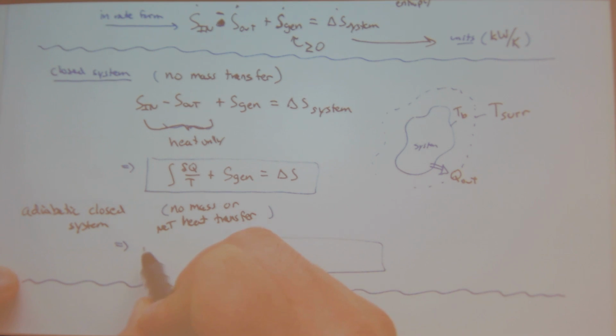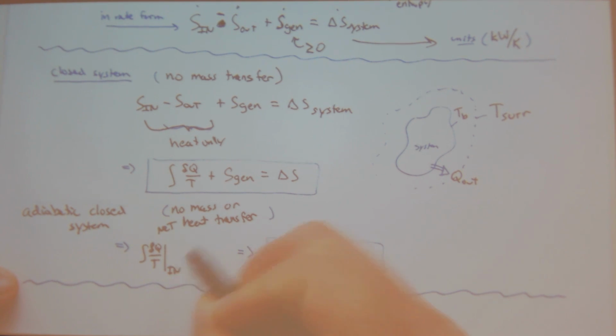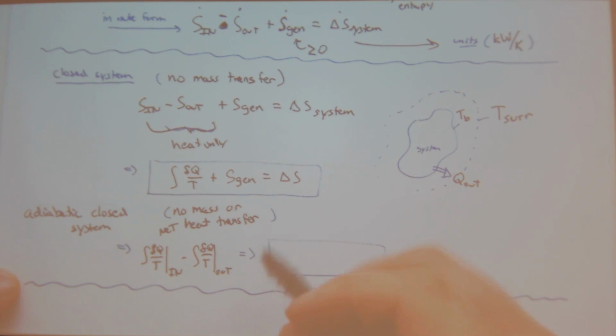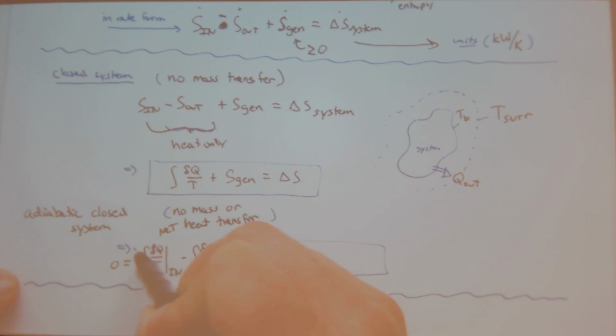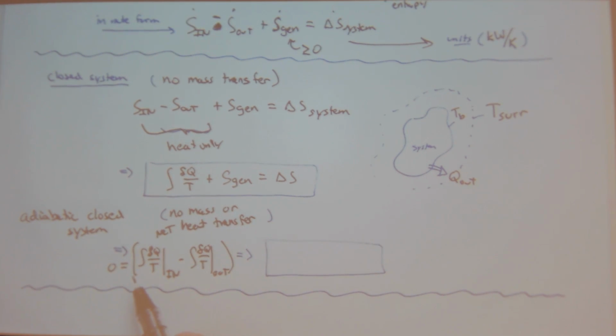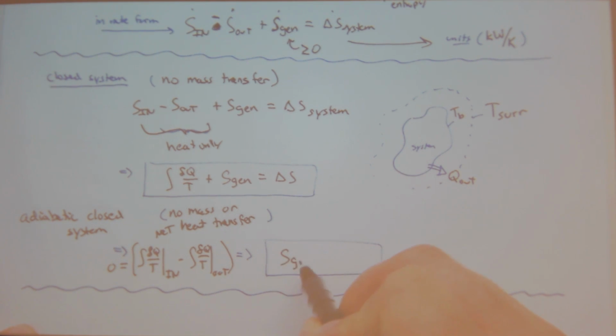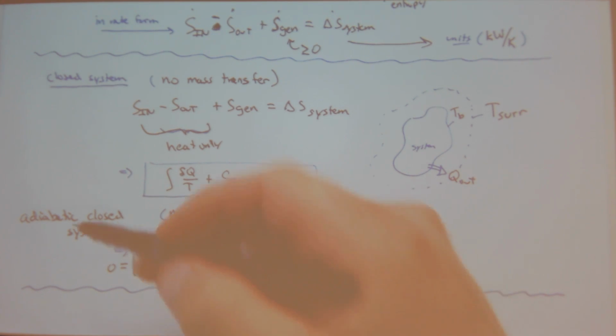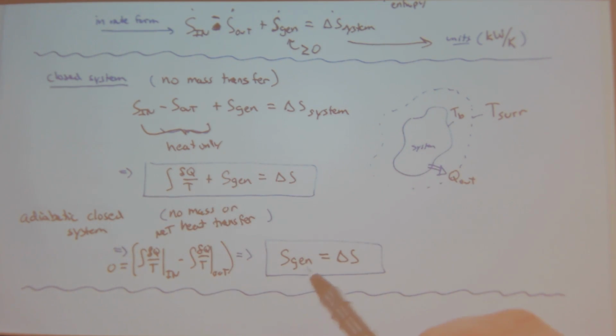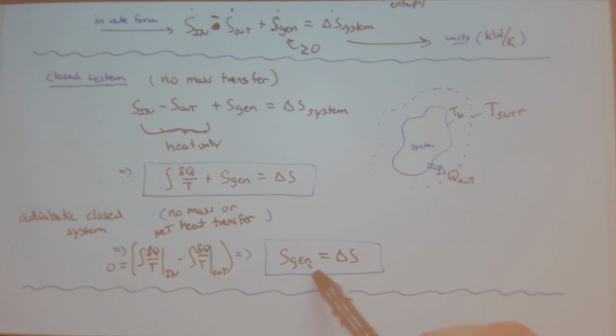So another way to write it is, my S in minus S out is equal to 0, my net heat transfer, and then that gives me S gen is equal to delta S. So if I say its total heat is equal to 0, then we know that S gen has to be greater than or equal to 0.